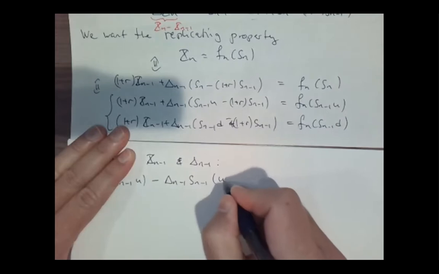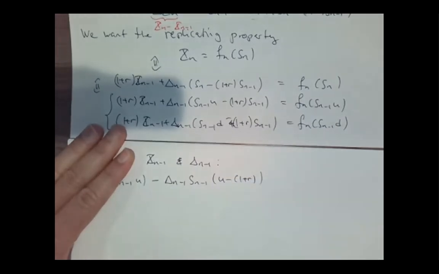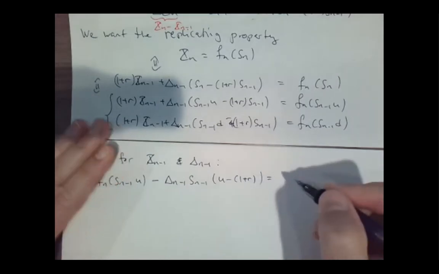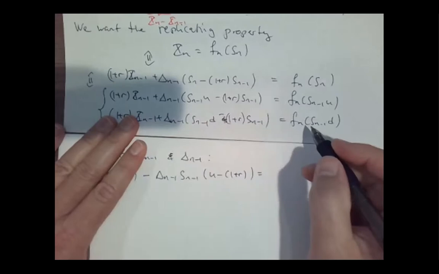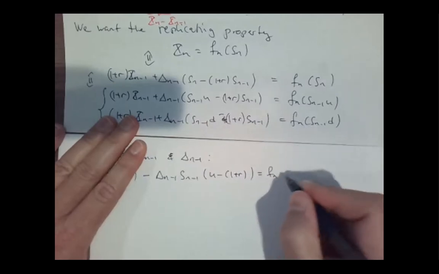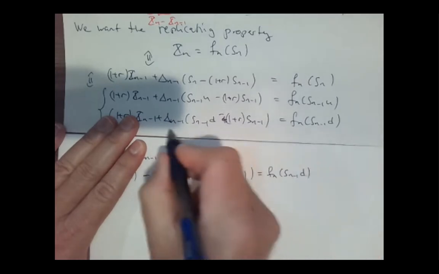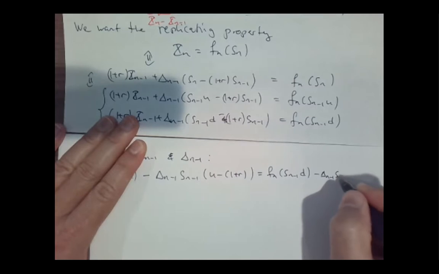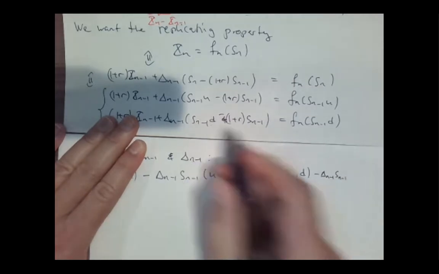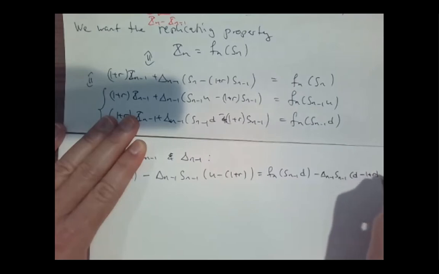I'll have u minus 1 plus r. And this is going to be equal to, and then I'll get the same term from down here, fn of Sn minus 1 d minus delta n minus 1 Sn minus 1 times d minus 1 plus r.